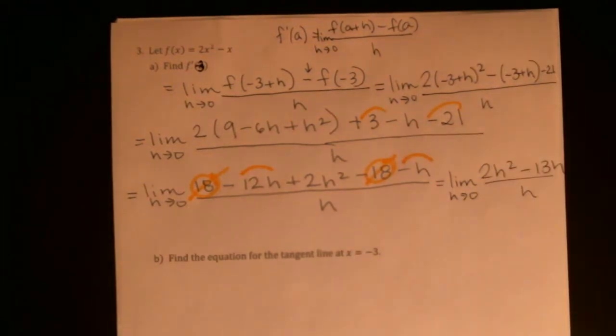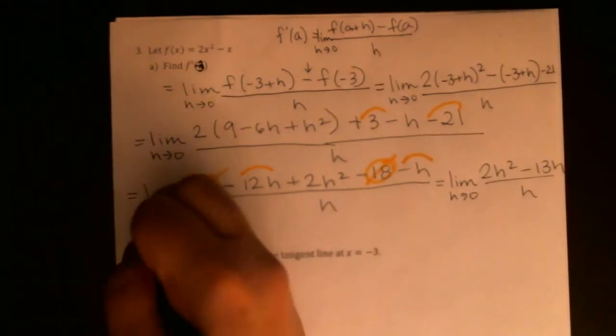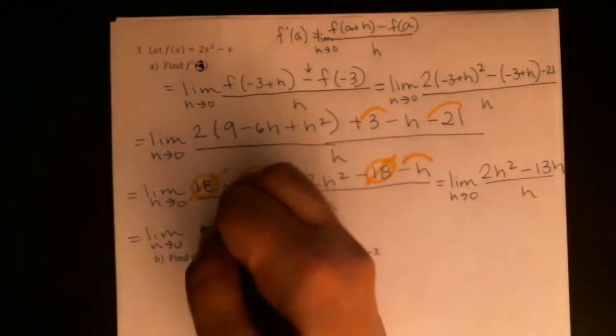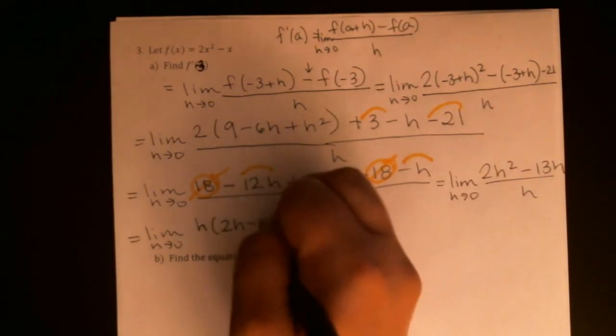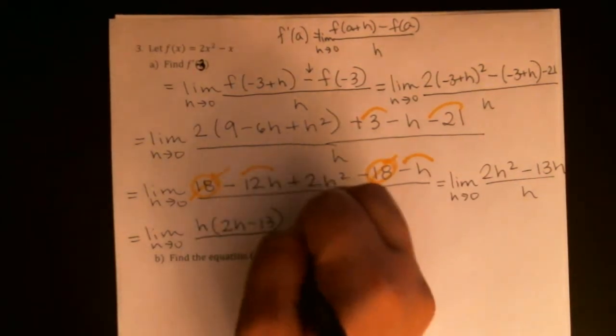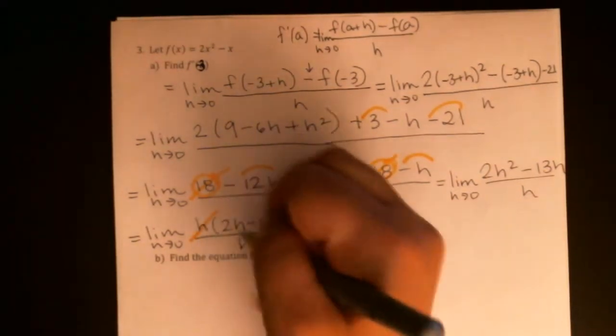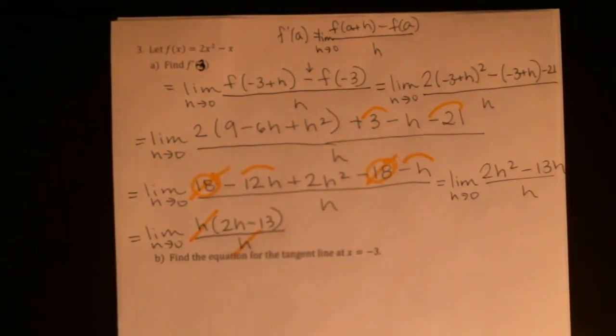Okay, and I finally get to factor out my h, limit as h approaches 0 of h times 2h minus 13 over h. So we cancel the h out, and then we can go ahead and take the limit.